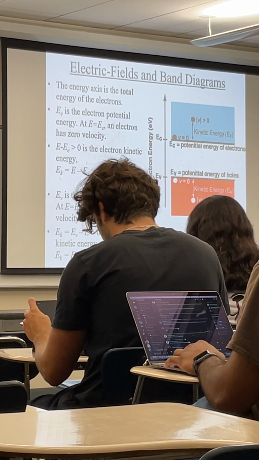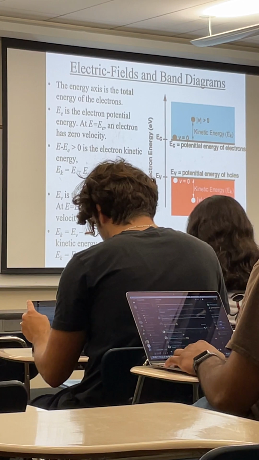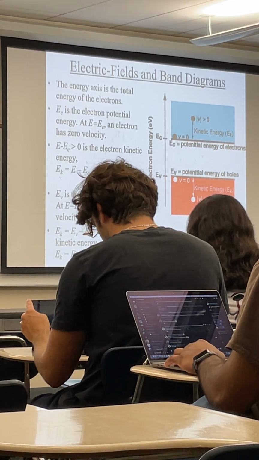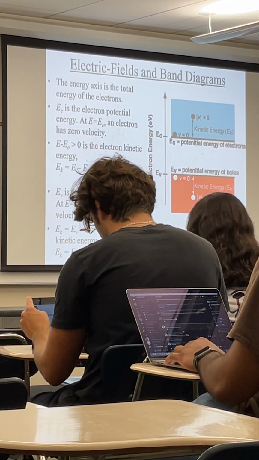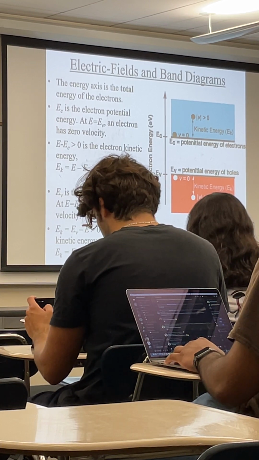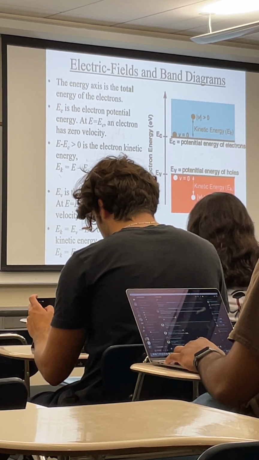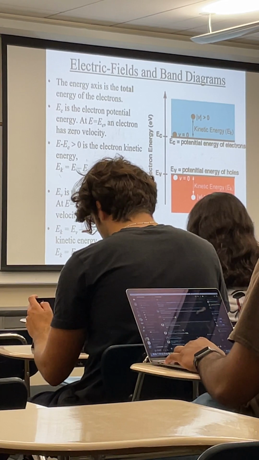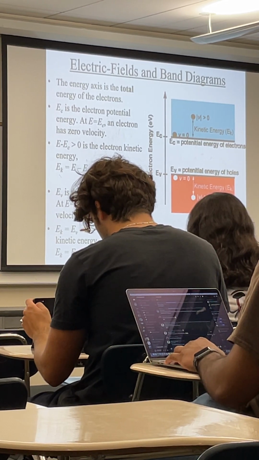If an electron sits at EC, then it has zero velocity, which means its kinetic energy is zero.